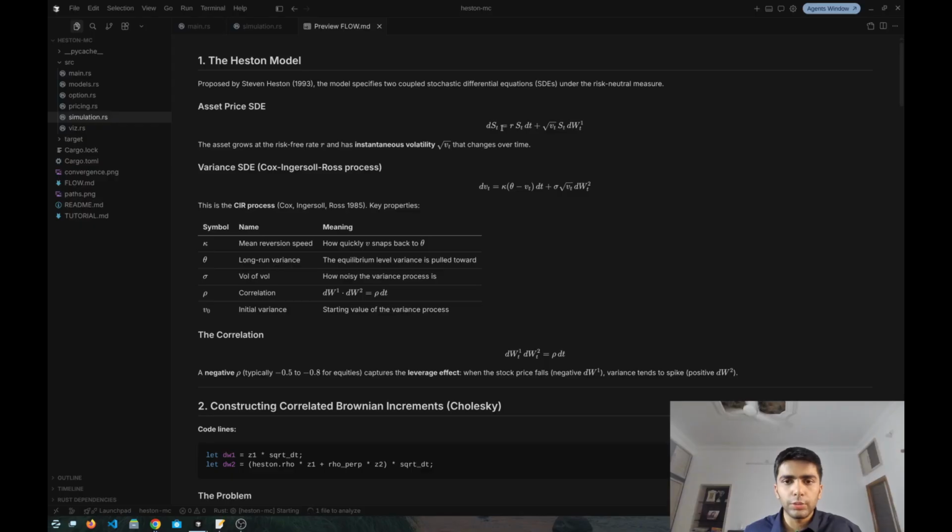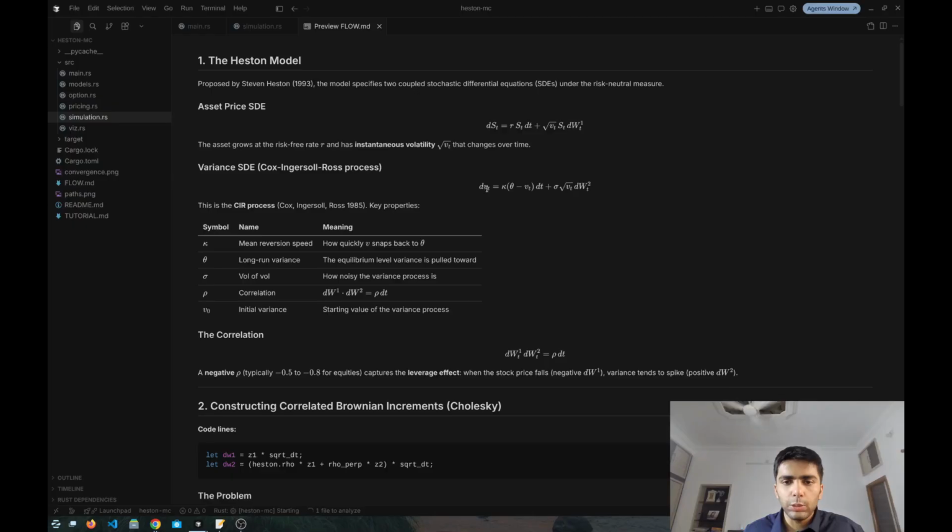Okay, so dS_t is the stock price at time t, and then r is the risk-free interest rate, and dt is the infinitesimally small time step, and then this is the variance, and dW_t is the Brownian motion value, the random value for this particular equation.